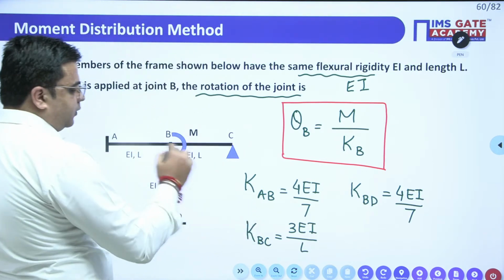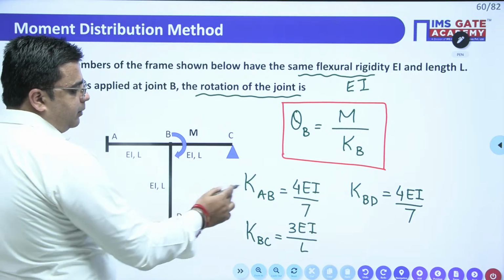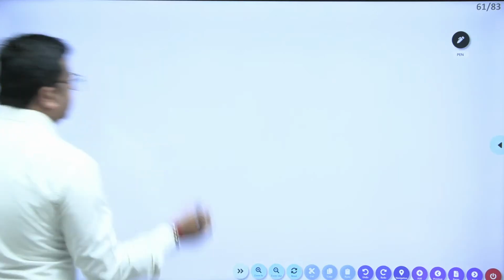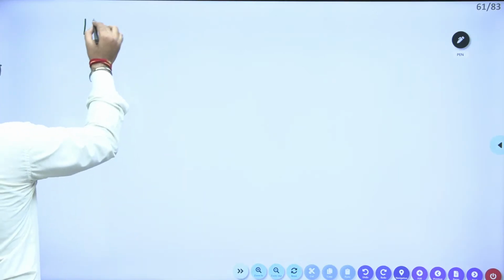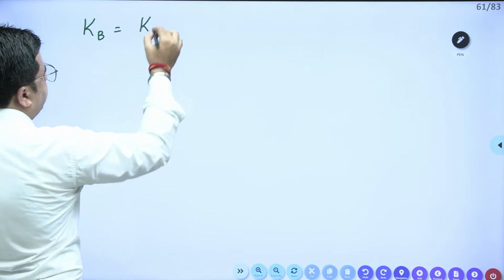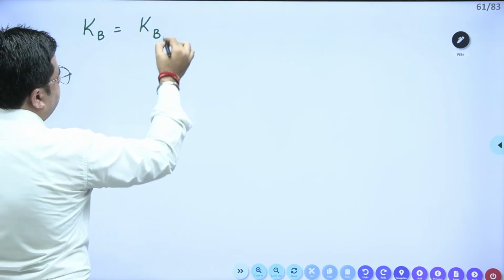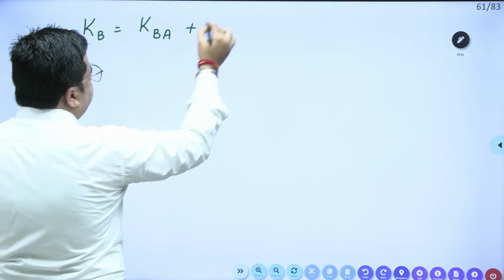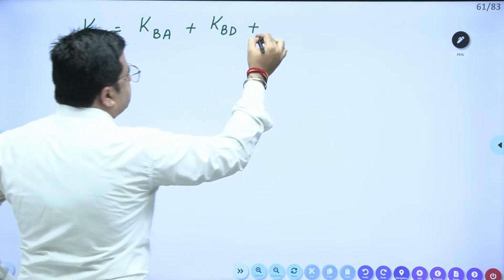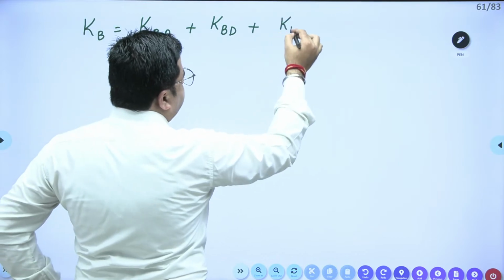So stiffness of this joint B is the sum of the individual stiffnesses. Stiffness of joint B equals the stiffness of member BA plus stiffness of member BD plus stiffness of member BC.